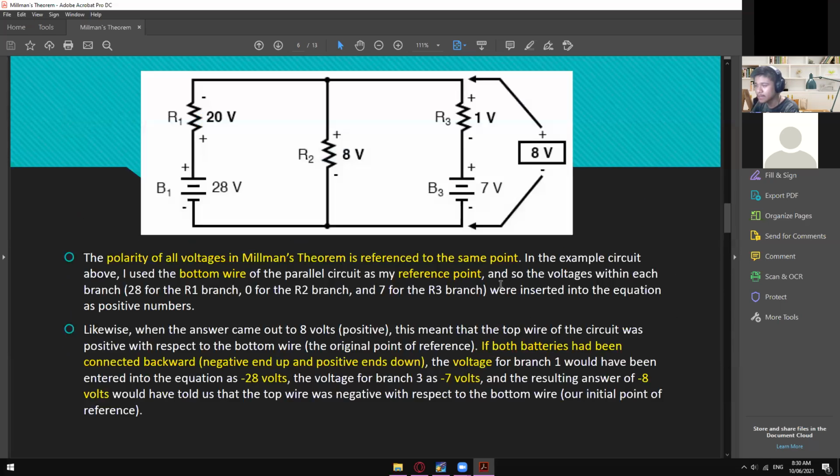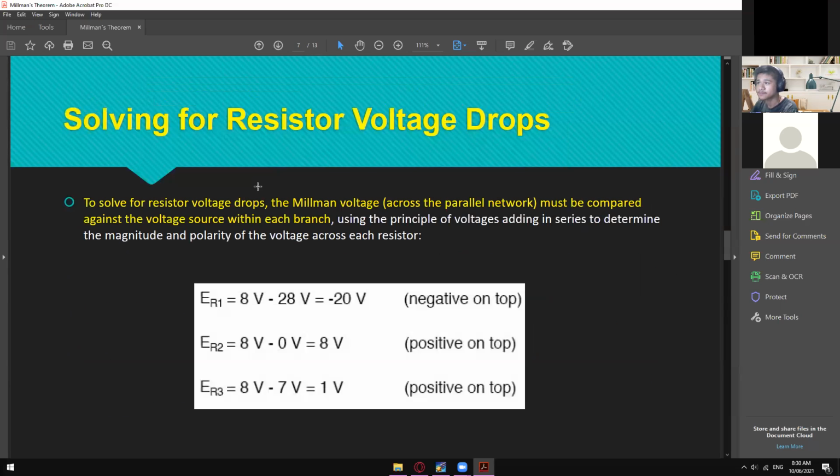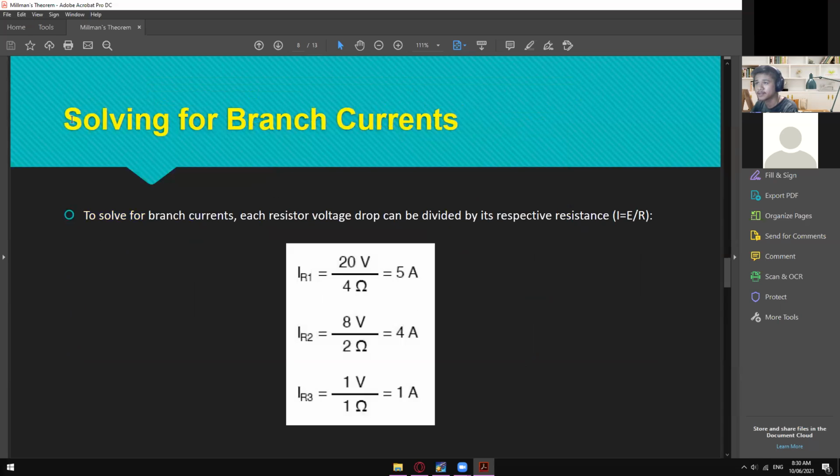So all you need to memorize is this equation right here. That's the formula on how to solve for the voltage across all branches. Then after that, you can now solve for the voltage drop, and then you can now solve for the branch currents.